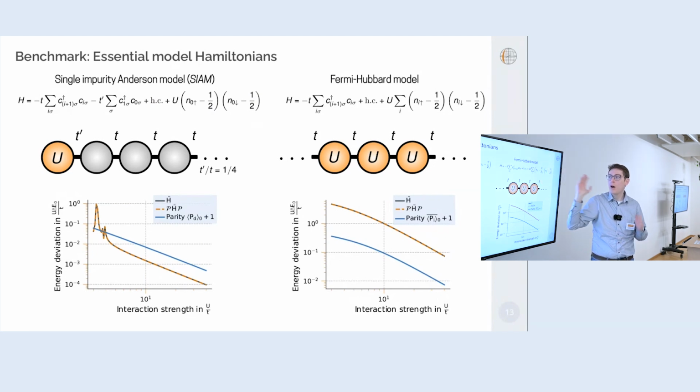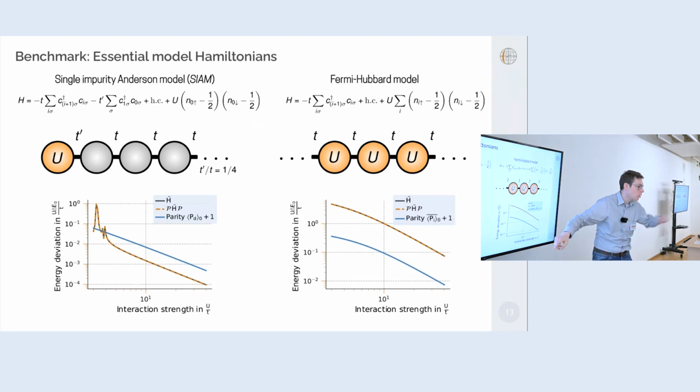We just do our automated Schrieffer-Wolff approach, and look at the difference between the ground state energies of the original fermionic Hamiltonian and our effective Hamiltonian. And as the interaction goes to infinity, the difference between the ground state energies goes to zero even faster, because I've multiplied it with U already.